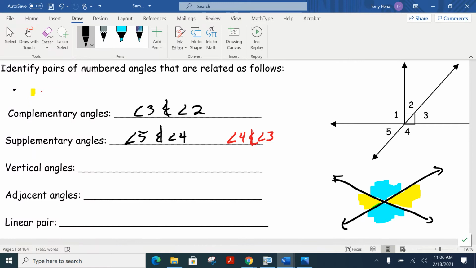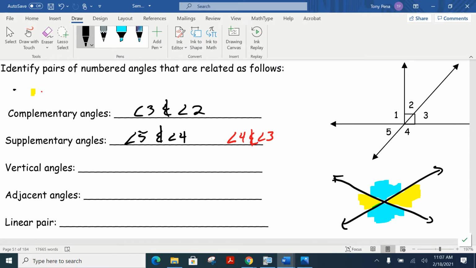As a hint here, there's only one pair. So just be careful of that, because traditionally over the years, people would think that there's more than one pair. There's only one pair of vertical angles here.